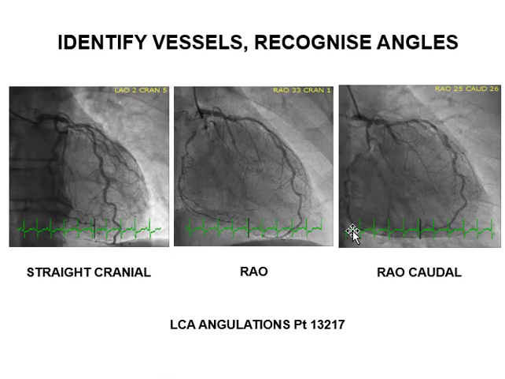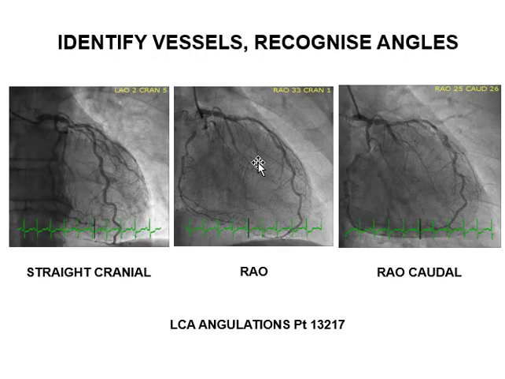To identify vessels, it helps to recognize the angles. But you can do it the other way around because you can identify the vessels more easily. You know that's not going to be the circumflex. But here, as I showed you before, the straight cranial view, when the image shifts to the right, when the detector shifts to the RAO, the structure also shifts to the RAO.